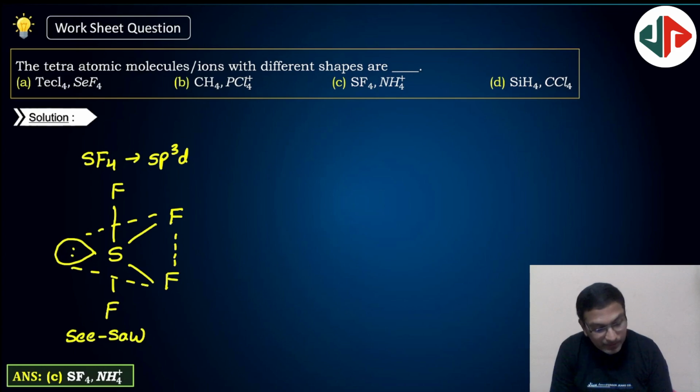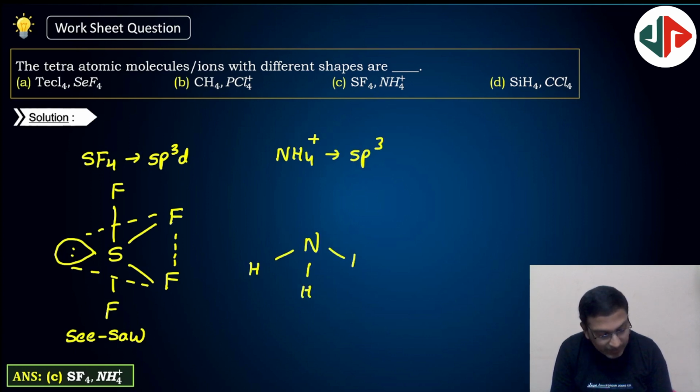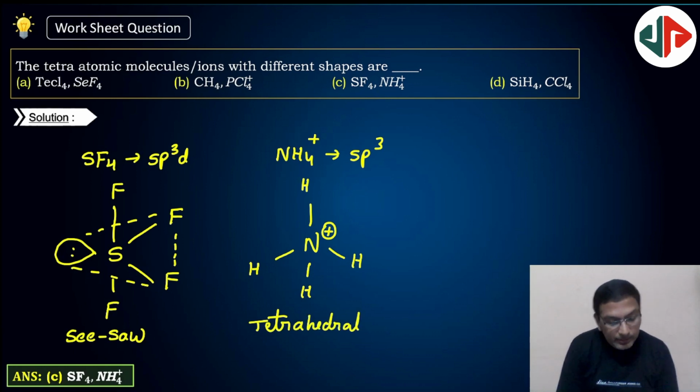Next, NH4 plus, sp3. 4 bond pairs, 0 lone pairs, on nitrogen plus. Tetrahedral. So these two have different geometries.